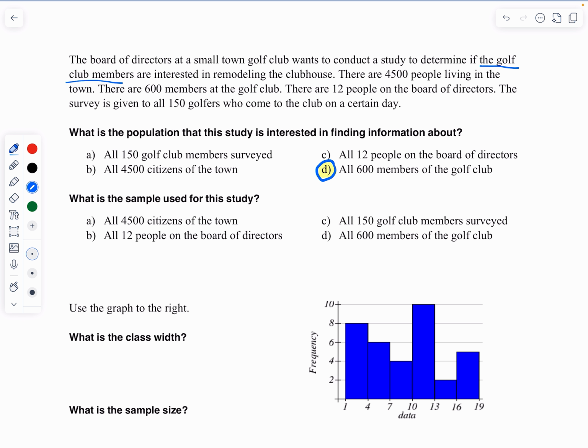It says they want to determine if golf club members are interested. So it's all 600 members. The sample used in the study: the sample is part of that population, right? If we look at that, we gave a survey to 150 golfers. So that is the actual sample size.